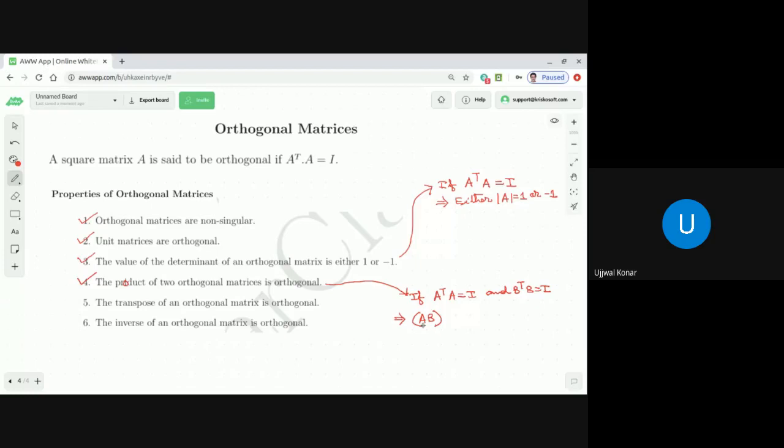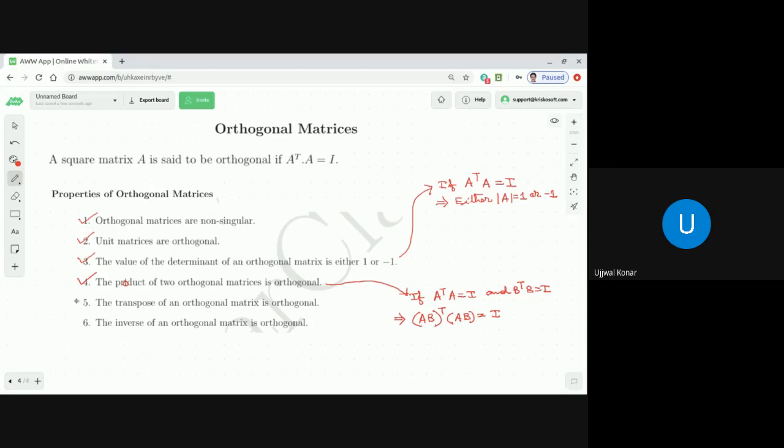That means A into B transpose into A into B is also I. And you can prove this using the properties of transpose of a matrix and using the associative law.